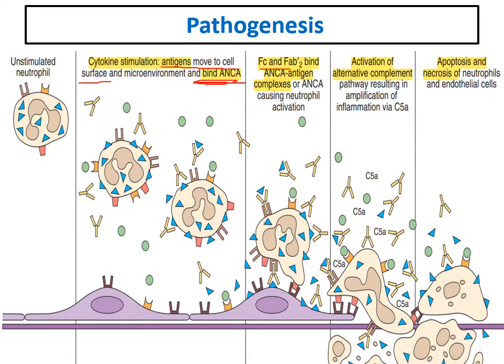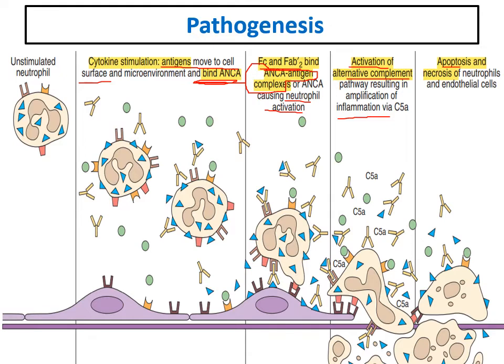Then Fc and Fab will usually bind this ANCA antigen complex, leading to neutrophil activation, accompanied by activation of the alternative complement pathway that will amplify this inflammation.